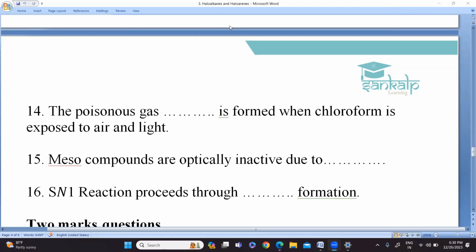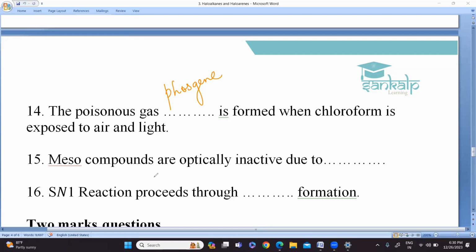Yes, good. Sita, Vedvati, Chetan Gowda have answered it right. It is phosgene. The poisonous gas phosgene is formed when chloroform is exposed to air and light.